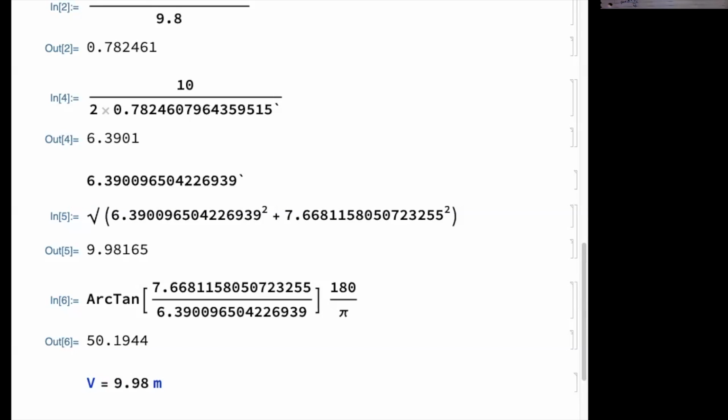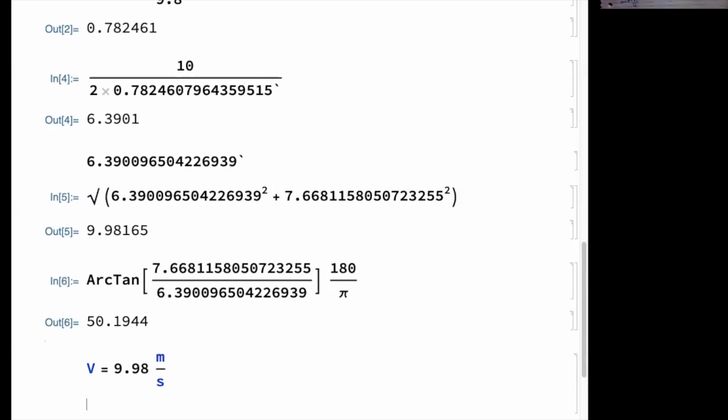Then we're also going to say that theta is equal to 50.2 degrees. There are your answers. This is how to do it. Thank you for watching, and there will be more videos later, but I wanted to get that up there so that we did it the correct way.